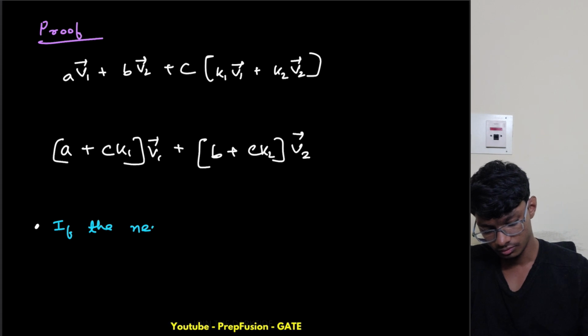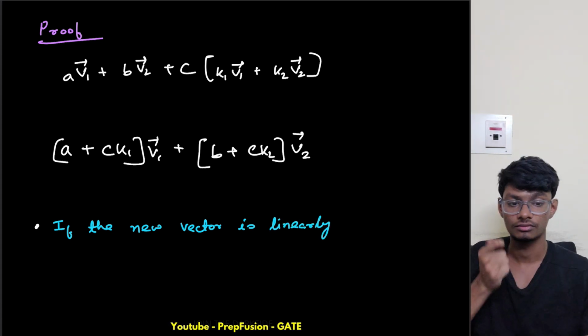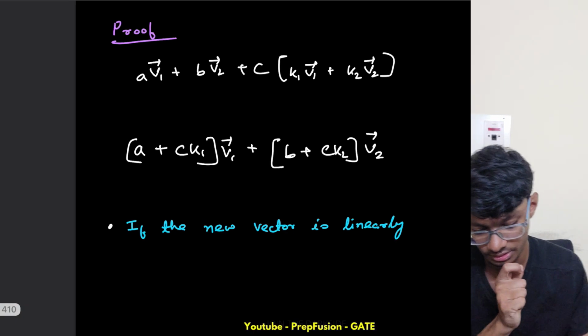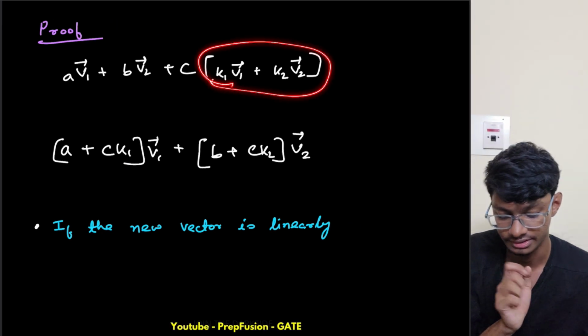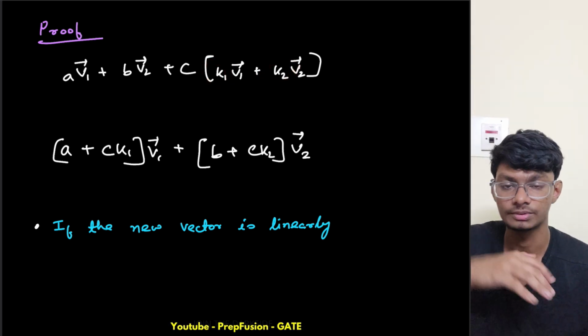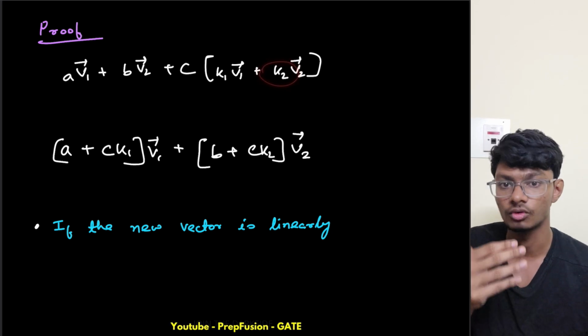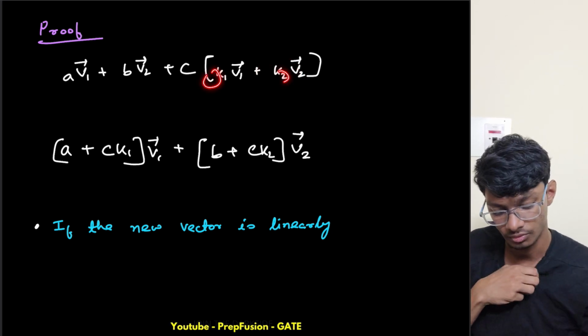Hence, if the new vector is linearly dependent, I hope you understand, the dependency is like this, it is dependent linearly, from constants with respect to the previous two vectors v1 and v2. So this is not non-linear, this is linear.